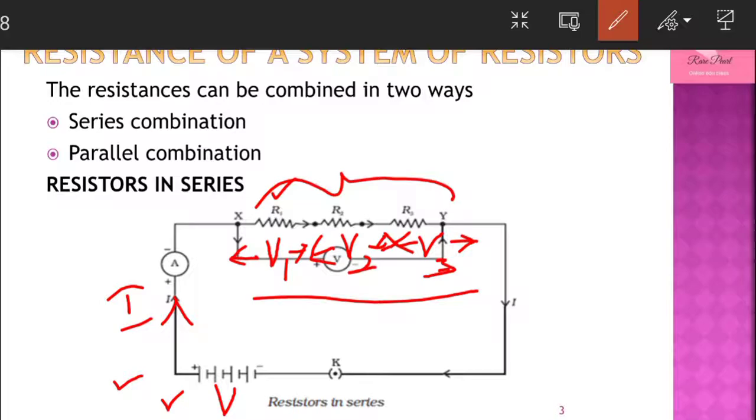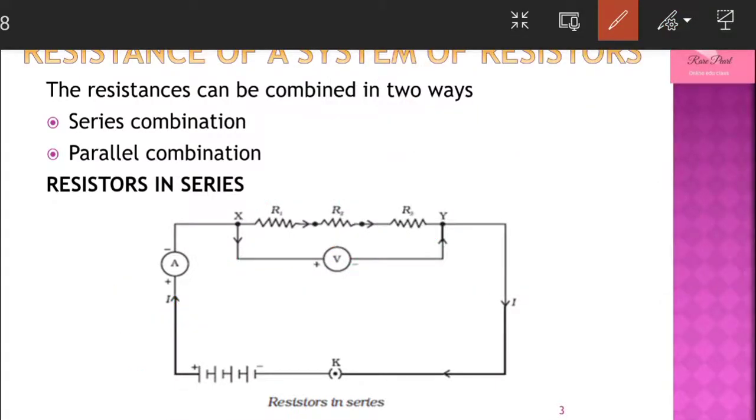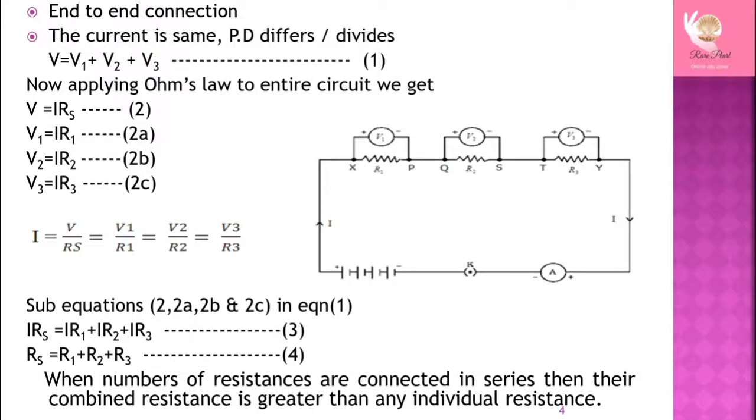Now we are going to derive the expression for the total resistance connected in series. Here in this case we have taken three resistances. We have to find what will be the total resistance. So let us see the derivation part.